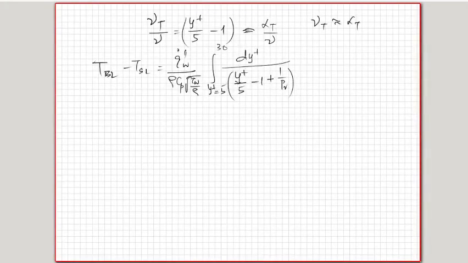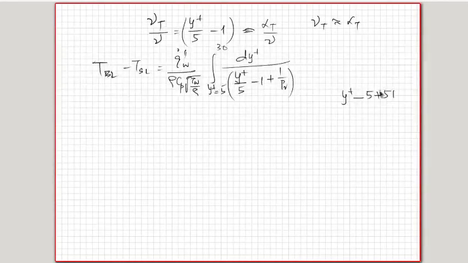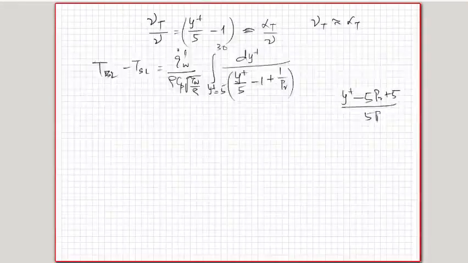Okay, so now if I integrate this, I will have to take a common denominator. So the denominator will become y plus minus 5 plus 5 minus 5 PR plus 5, divided by 5 PR.